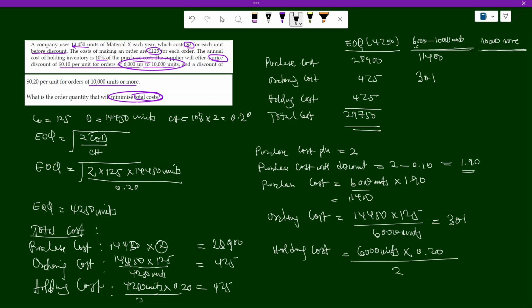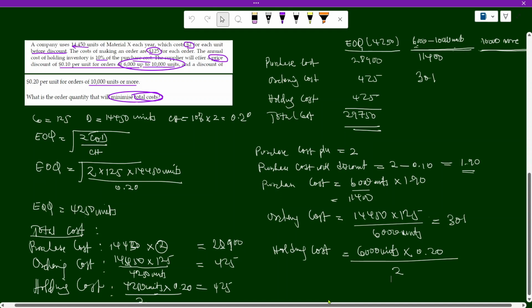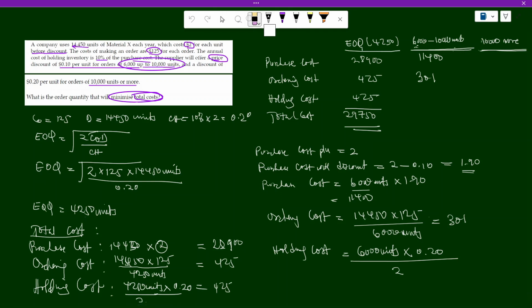So 6,000 times 0.20 divided by 2 is going to be 1.90, which is your purchase cost. Okay, so your holding cost, sorry.